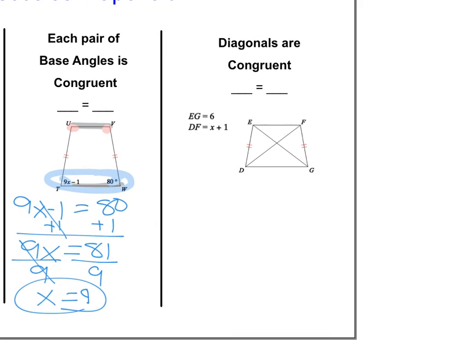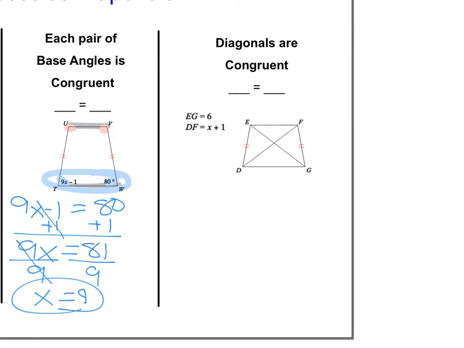All right, and then lastly, we have that the diagonals are congruent. Now, the diagonals are the lines that come from one corner to another corner. So it looks like a diagonal line, so across the inside of the shape. So EG is a diagonal and FD is a diagonal.